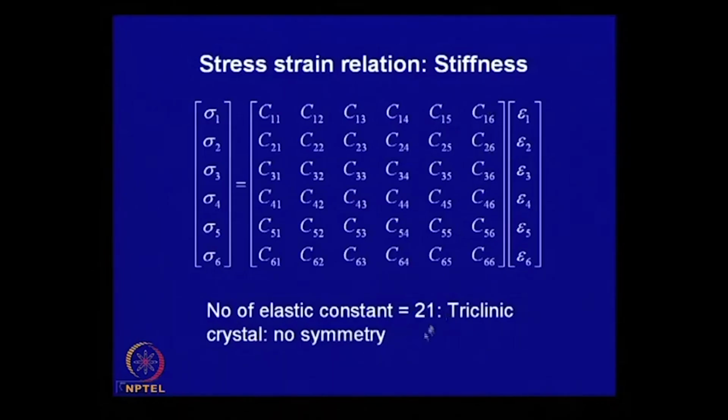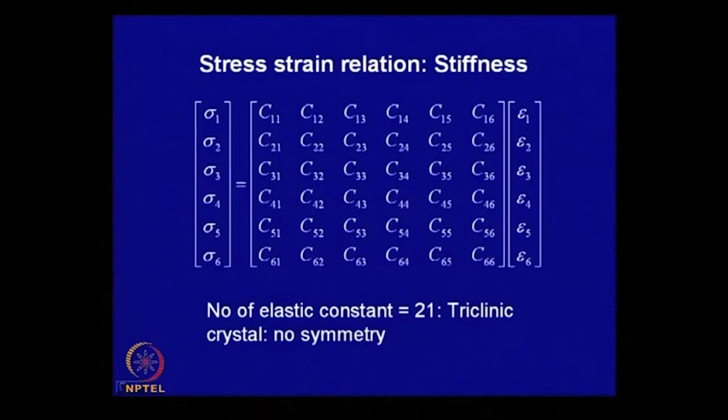So you can have actually 21 elastic constants, stiffness constants, and this is what you need to describe the elastic stress-strain behavior of crystals where you do not have any symmetry.